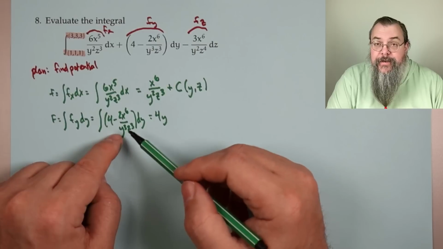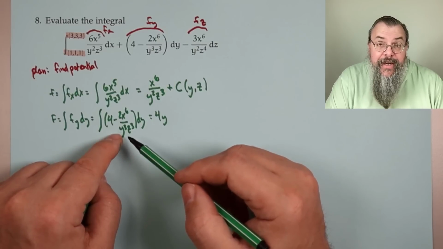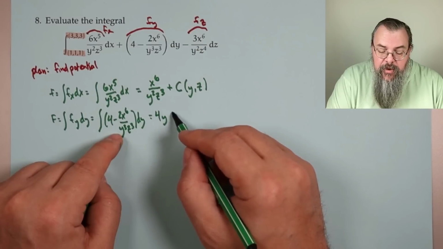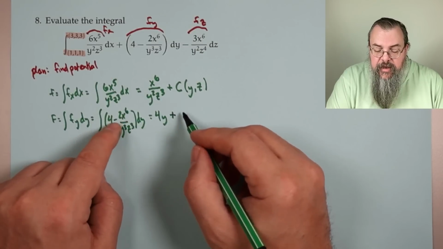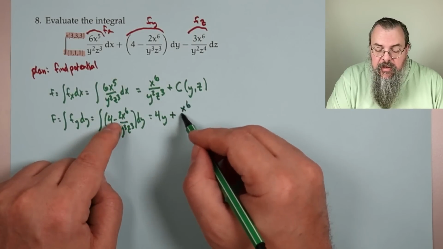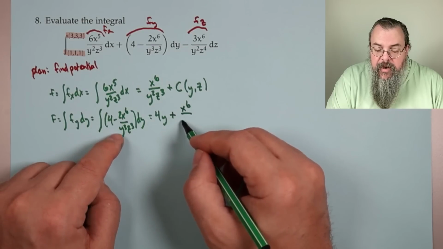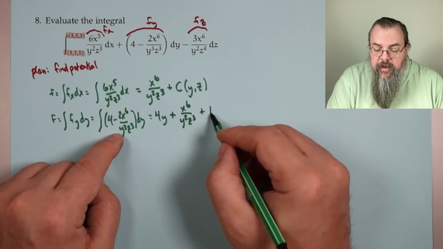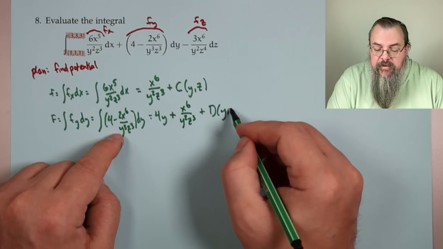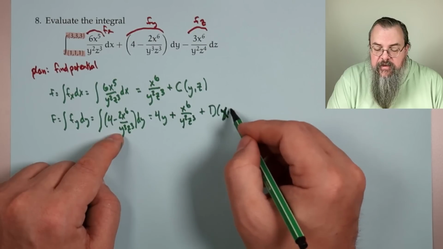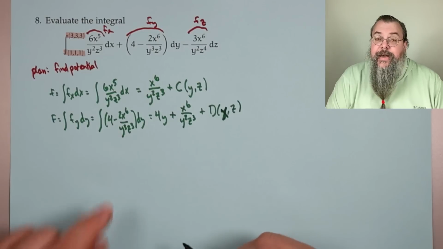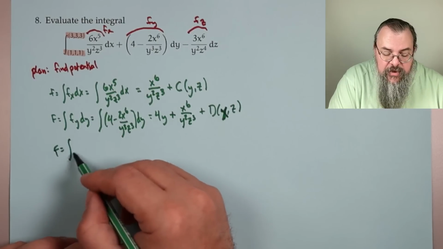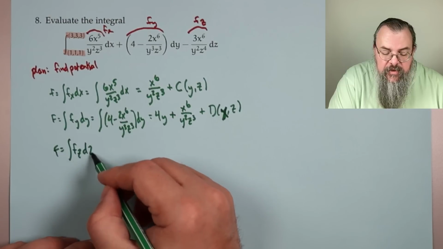You'd add 1 to that power, so it would become y to the minus 2, divide by minus 2, so you end up with a plus, and the 2's cancel, x to the 6, and downstairs, y to the minus 2 becomes y squared z cubed, plus some constant function which only depends on x and z.